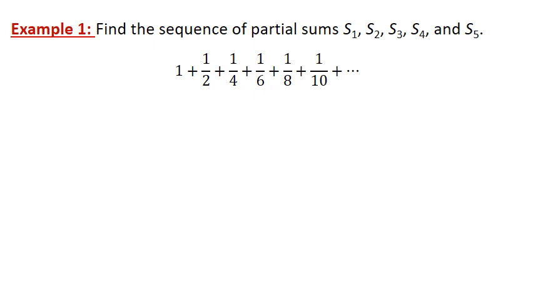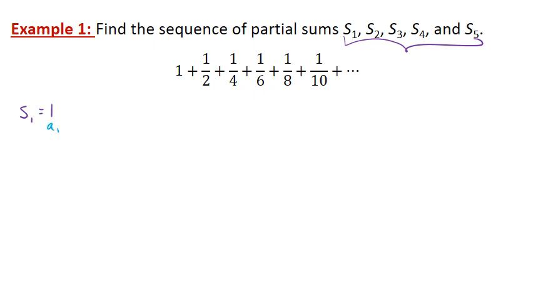But let's jump into an example here. It says find the sequence of partial sums right here, 1 to 5. So as mentioned in a previous slide, if I want to find S sub 1, that is simply the sum of just the first term. So it's 1. And all this is the first term of the sequence.